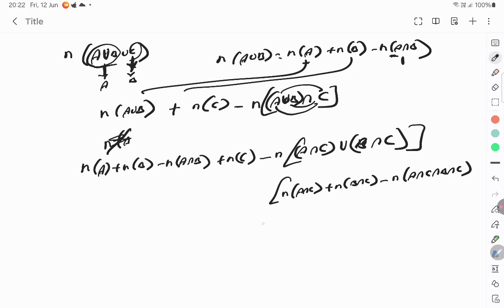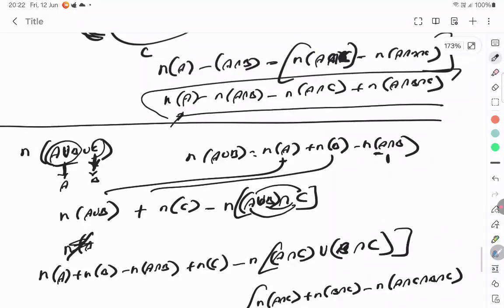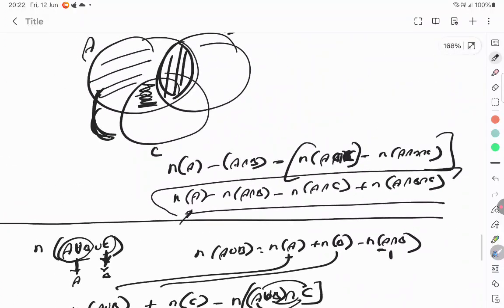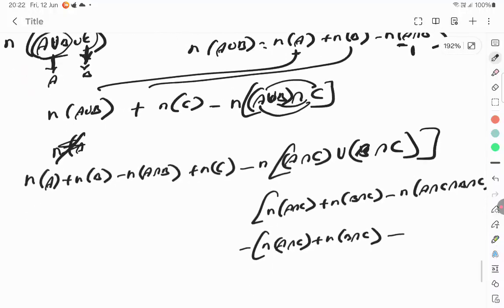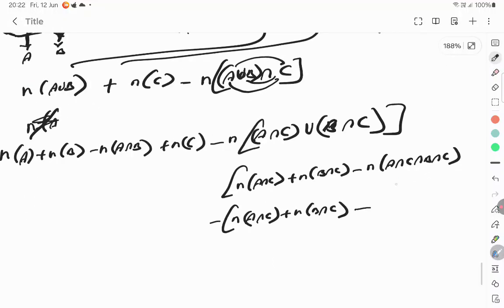I used the distributive property previously, and here we're going to use the associative property, where (A intersection C) intersection (B intersection C) is like A intersection B intersection C.